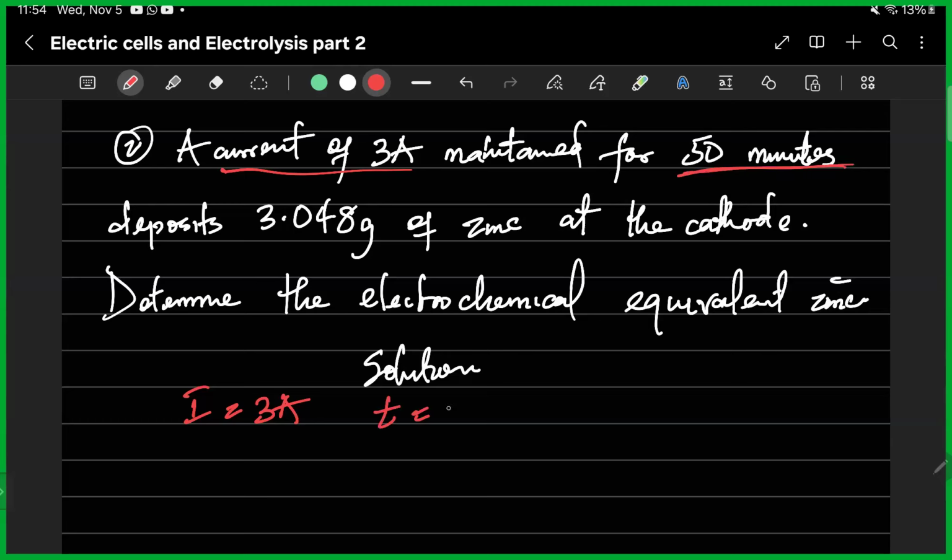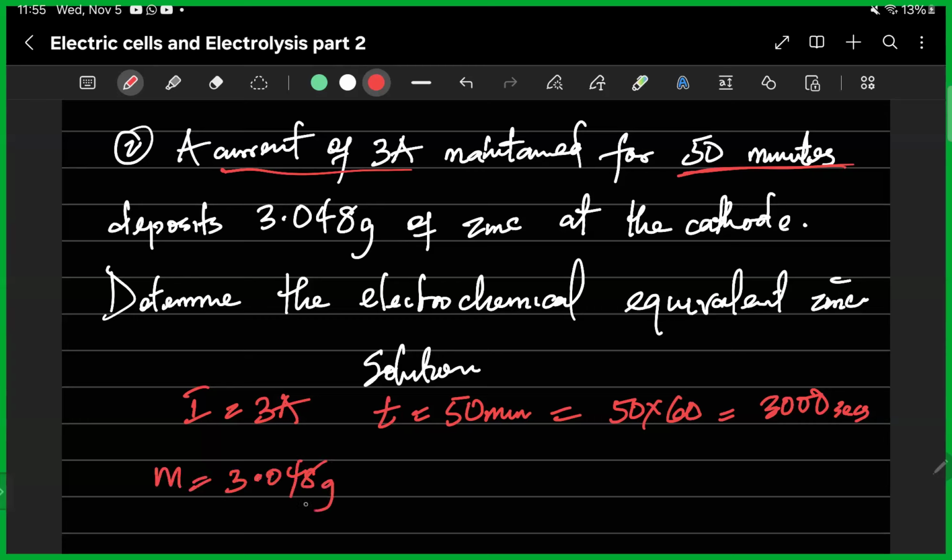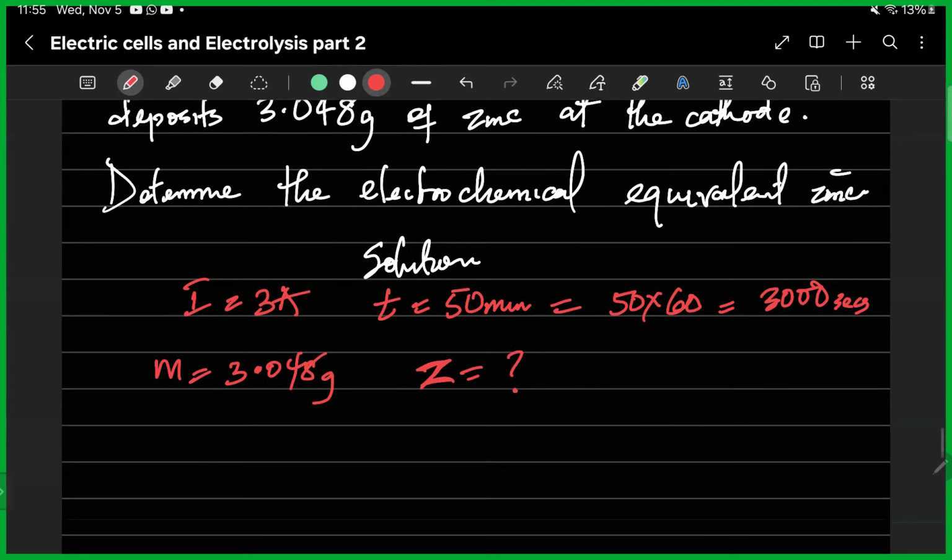Time is 50 minutes, but we multiply 50 by 60 to have it in seconds, 3,000 seconds. Then it deposits this mass of zinc at the cathode. We are asked to determine the electrochemical equivalent Z.